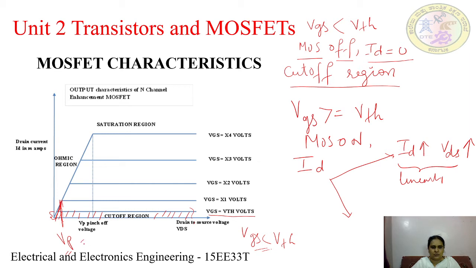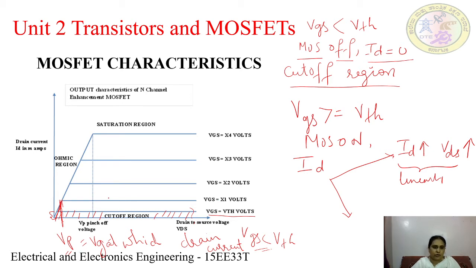Pinch off voltage is what? It is the voltage at which the drain current stops increasing linearly. That is called the pinch off voltage.